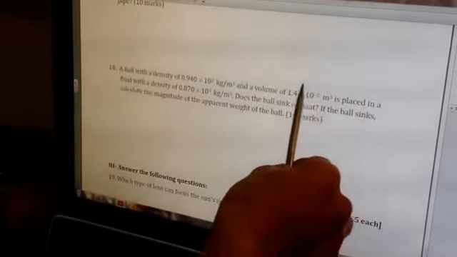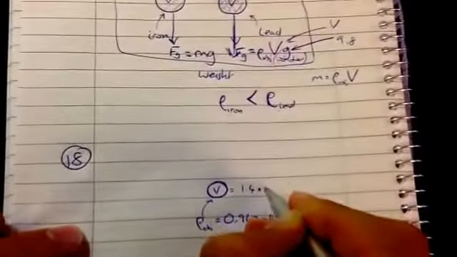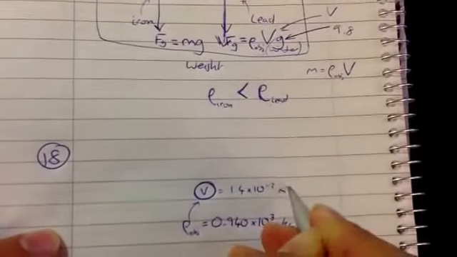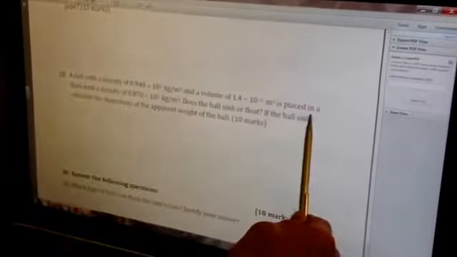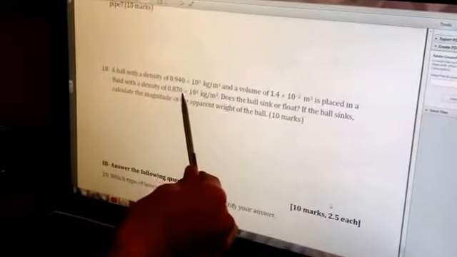Then it says a density of this and a volume of 1.4 times 10 to the minus 2. So this ball that we've drawn here has a volume that is equal to 1.4 times 10 to the minus 2 meters cubed. Next. Is placed in a fluid with a density of 0.87 times 10 to the 3.